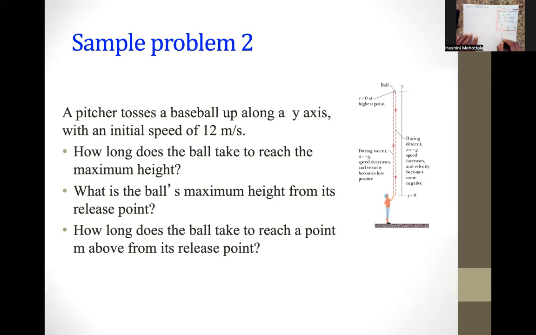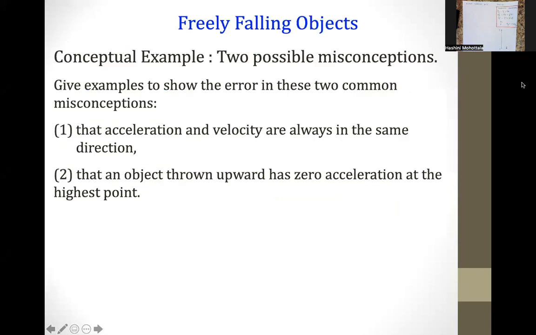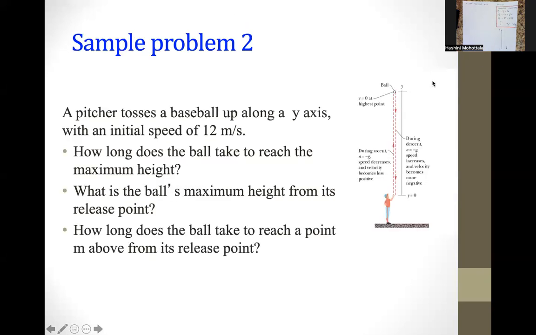It is always important to draw a little diagram, and I always mark my y-axis. So here goes the y-axis, and this is the 0 point. I believe you can see that in the little window. In a minute, I'm going to switch to the main window. And the initial speed I have given to me is 12 meters per second.